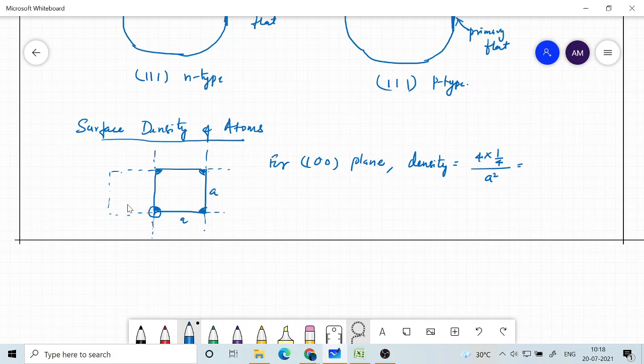Well, there is one more, because it is a face centered cubic, so there is one more here, and we need to add that also.